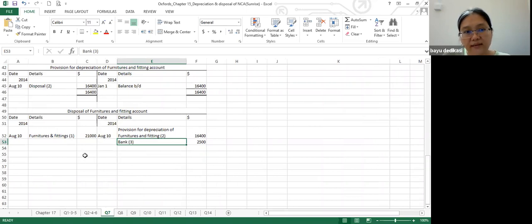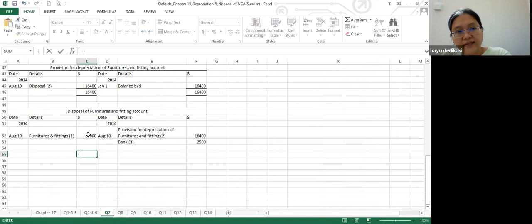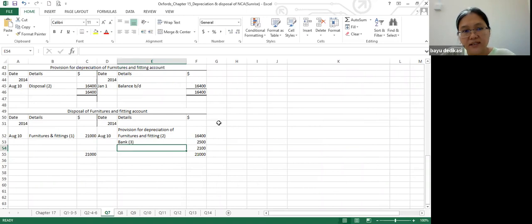The last one is we need to find the gain or loss, because just now we calculated it in the journal. So take this debit minus the credit. So we get this one. This amount will be transferred to the income statement. If you want to take note, this one is a loss on disposal.